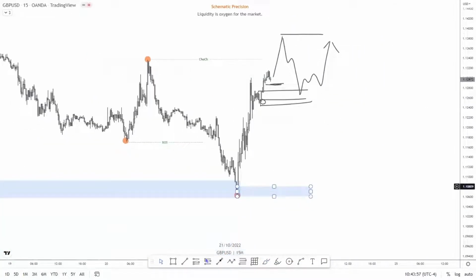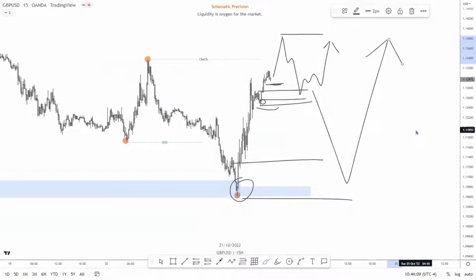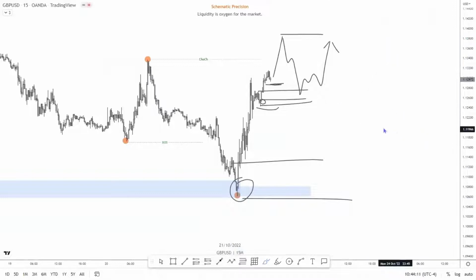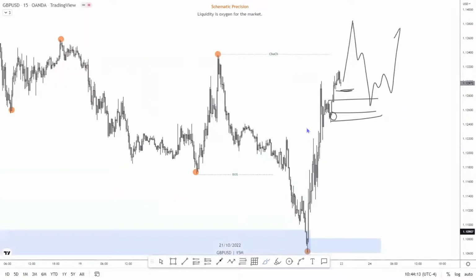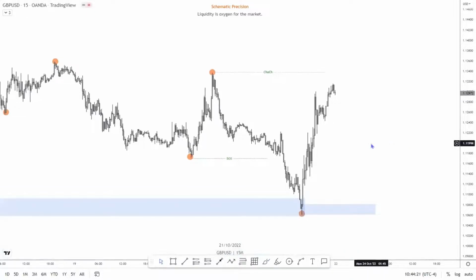Or if price stays bearish, comes down below these lows, then price can of course come here in the extremes before going higher again. So both things are possible on GU because it is moving a little bit differently than EU. So I'll just wait for more price action on GBP USD. So that's all for the GBP USD.